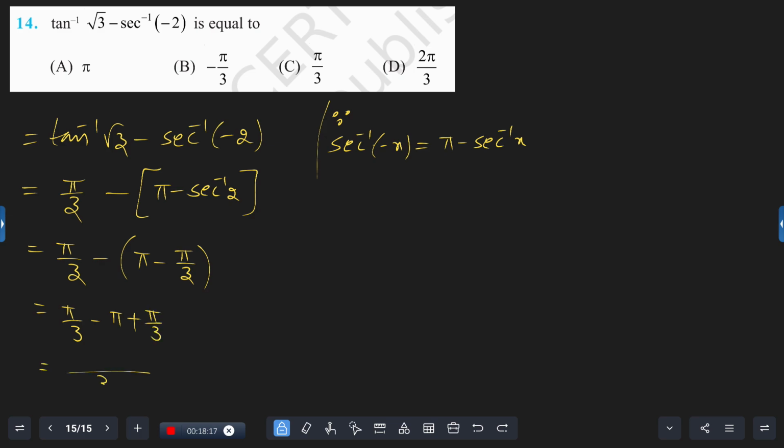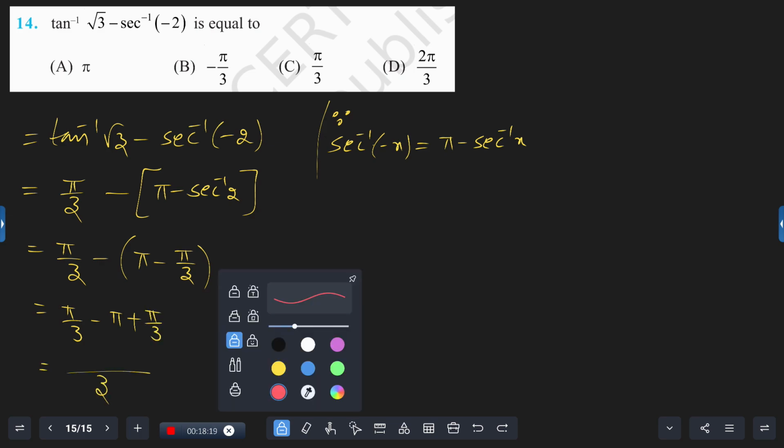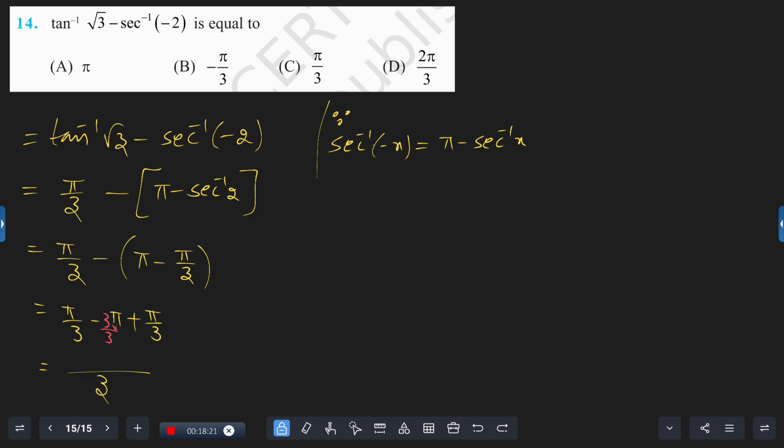If you take LCM 3, multiply 3 and divide 3. Do it in pencil, I said. Don't forget. So divided by 3, pi minus 3 pi plus pi, which is equal to minus 2 pi by 3, means option B. Answer B option we are getting.